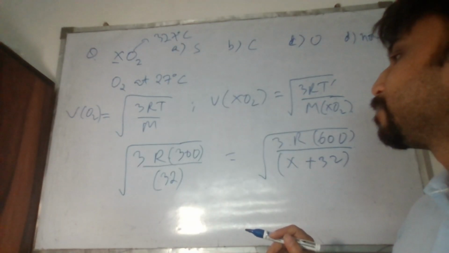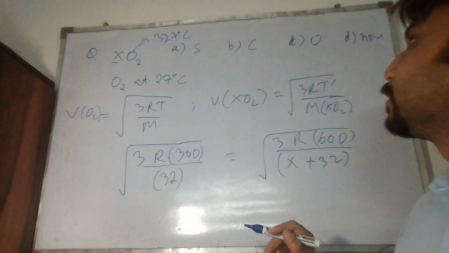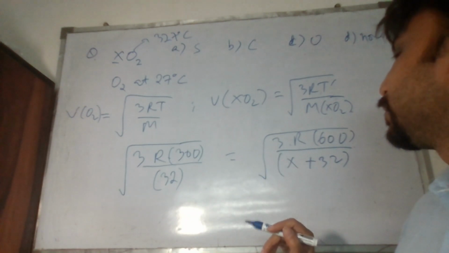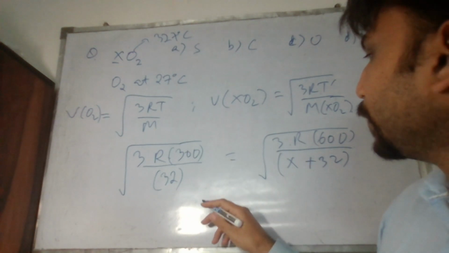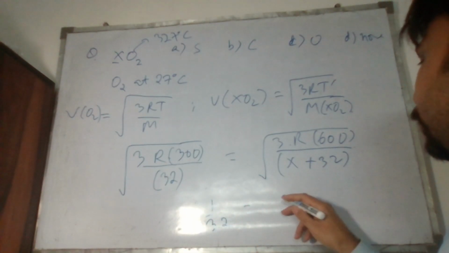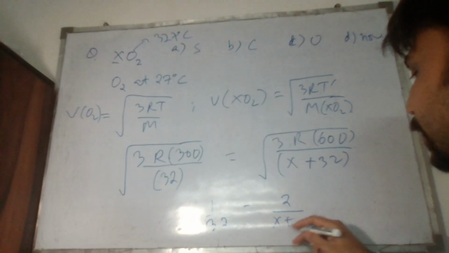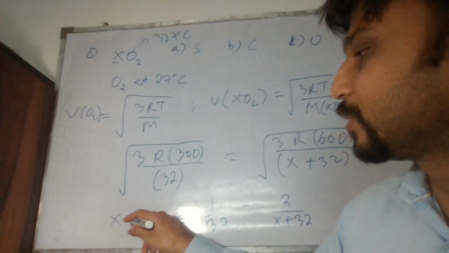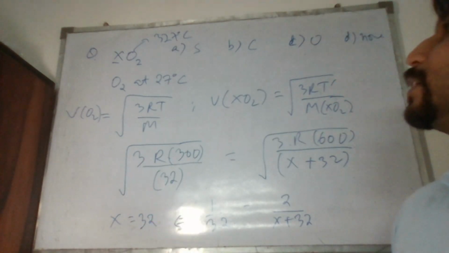Now let's basically evaluate them. So this would be 1 upon 32 is equal to 2 upon X plus 32. So this implies the value of X will be 32.